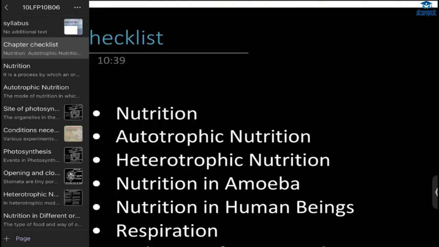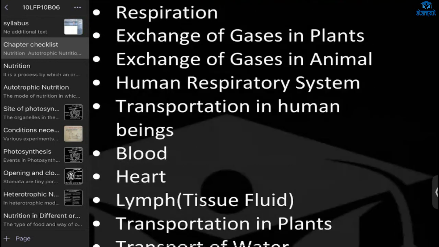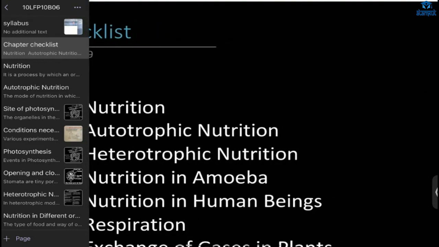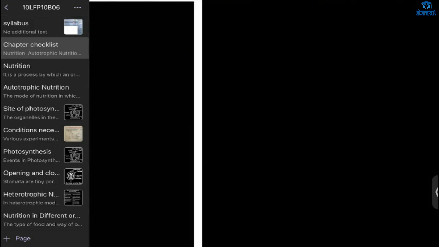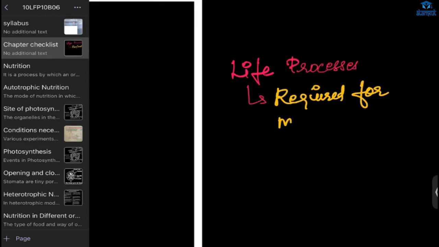Okay. Now these processes, nutrition, respiration and transportation, and we have excretion, all these processes are required for maintenance of life. So these processes are called life processes. Life processes are required for maintenance of life on Earth.